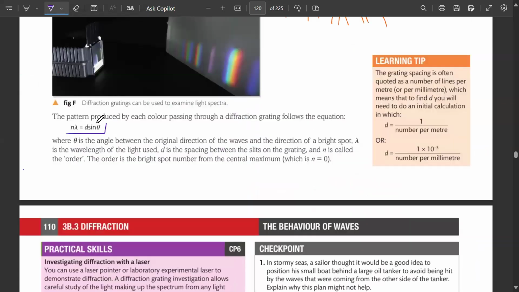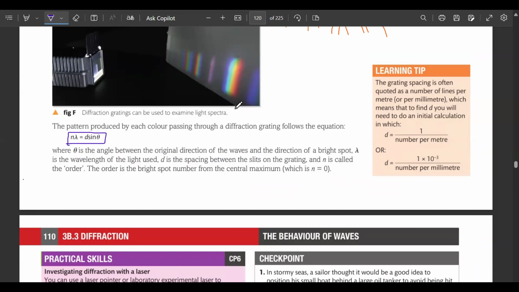Now we'll study a formula which is known as n lambda is d sine theta. If I give you an overview, let's open up a whiteboard and talk about what we have studied in interference. Can you tell me what is the meaning of superposition?